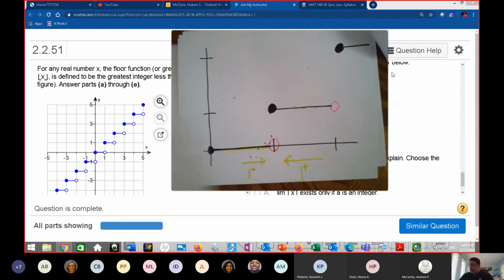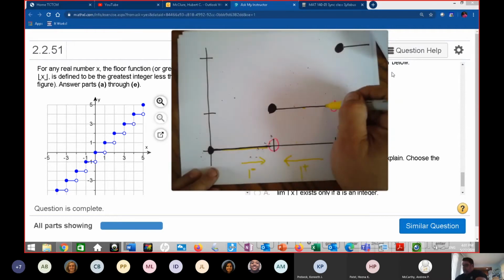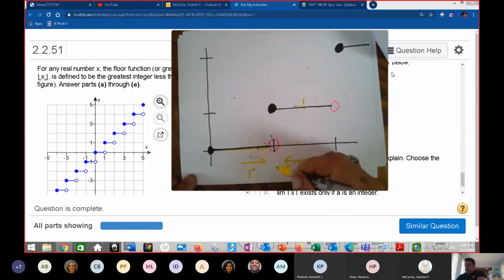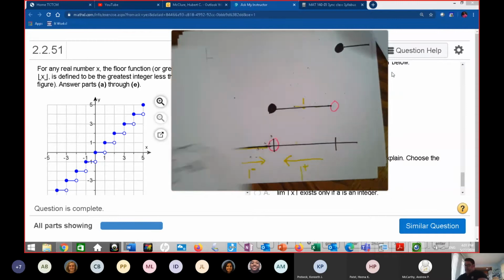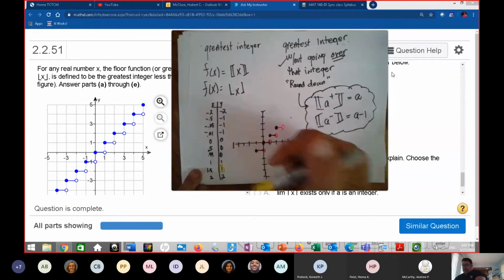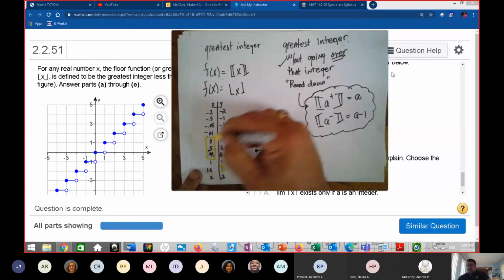So when you are coming from the right, you're going to be approaching these numbers right here, which is 1. When you're approaching from the left, you're going to be on these numbers because they are less than, right here. Let's go back to the graph. Zeros are less than, right there.